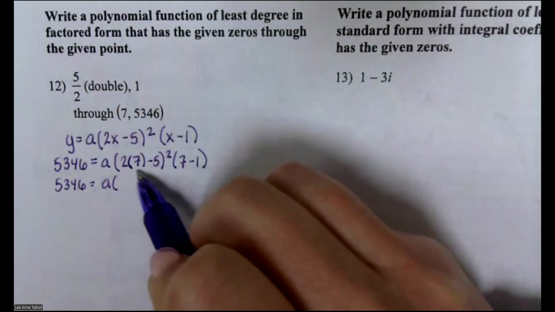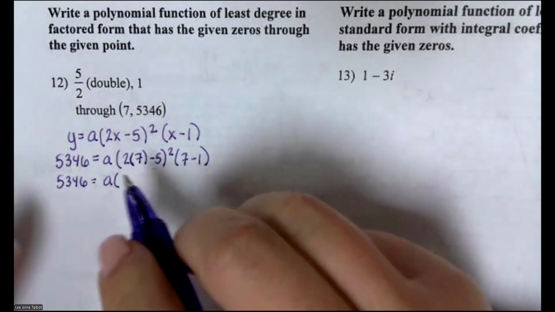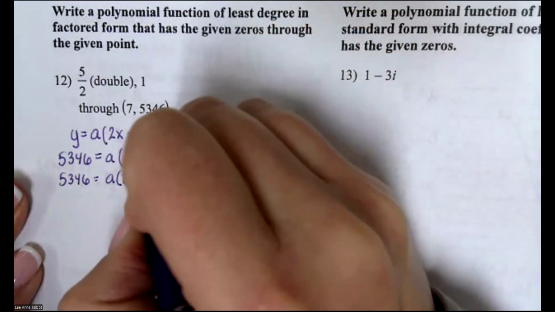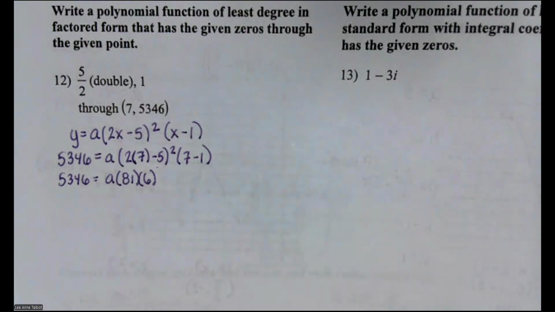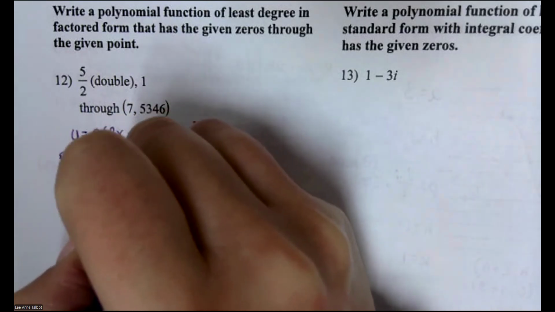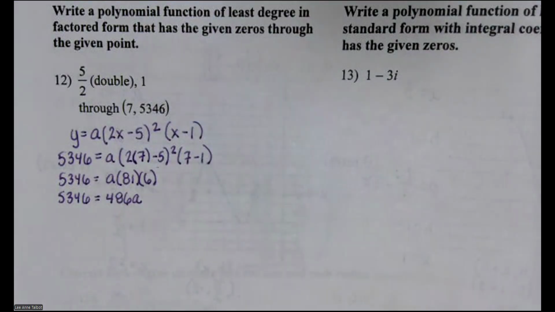Okay, so this is 14 minus 5, which is 9. 9 squared is 81 times 6, which is 486. Please tell me it's decent.